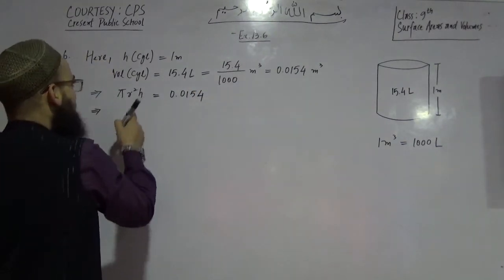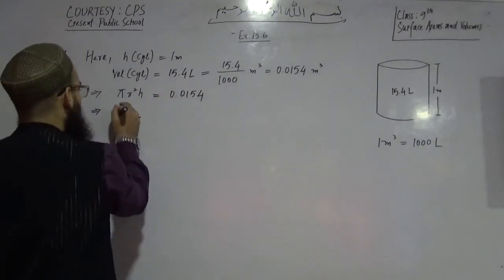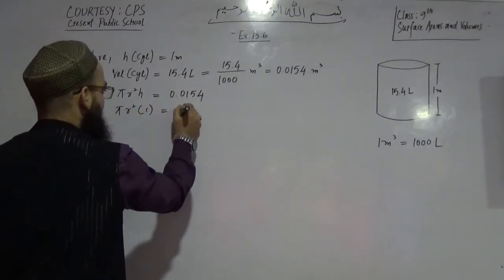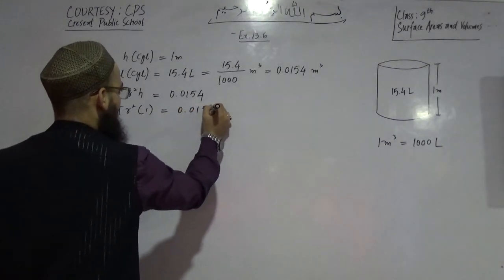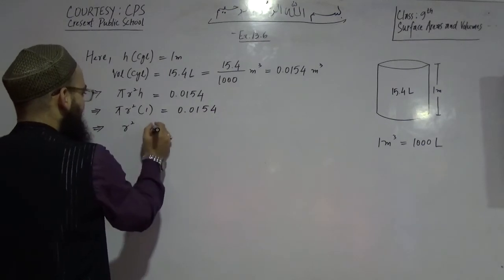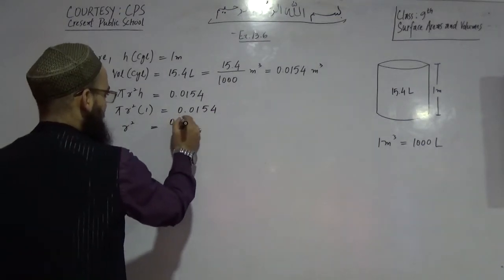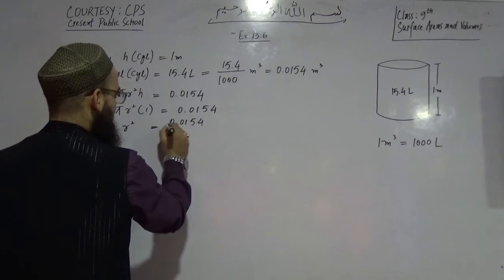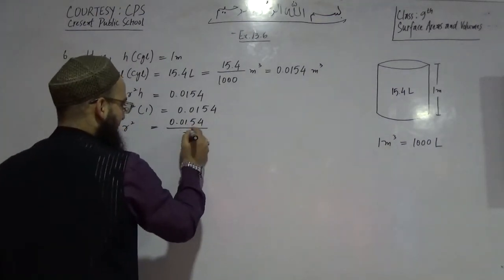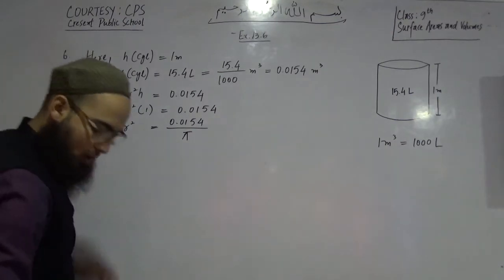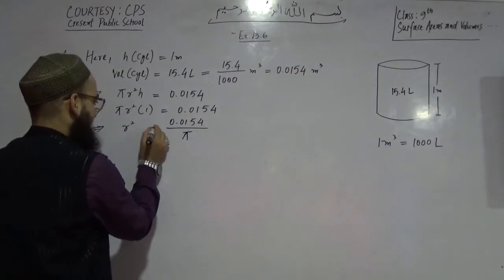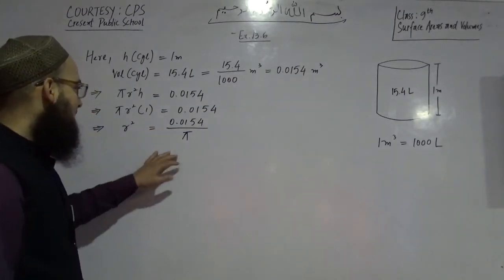You know the height. Height is 1, so you have pi r square times 1 is equal to 0.0154. In that case, you'll get r square is equal to 0.0154 divided by pi. And that's your r square.